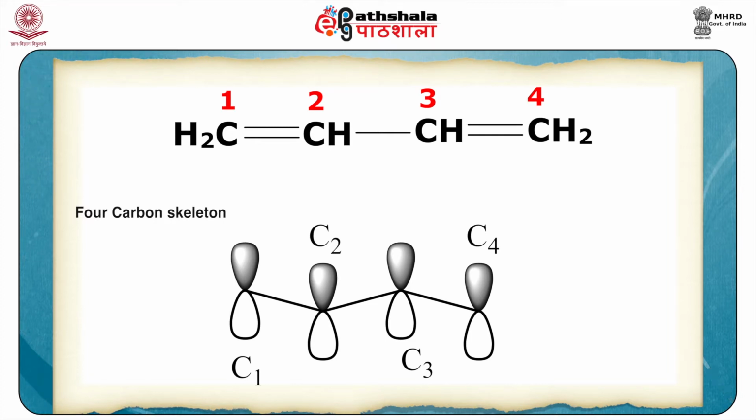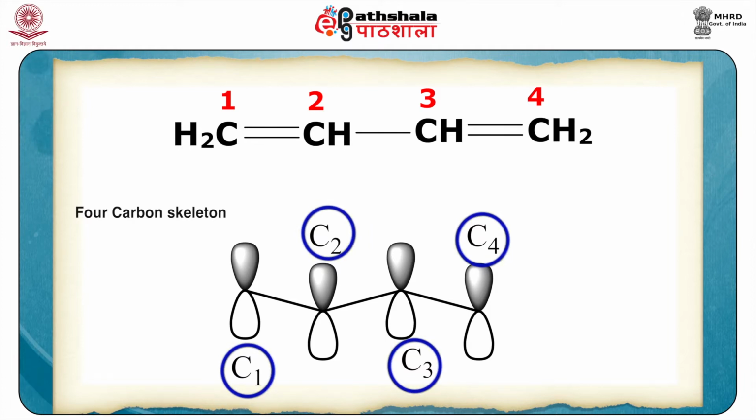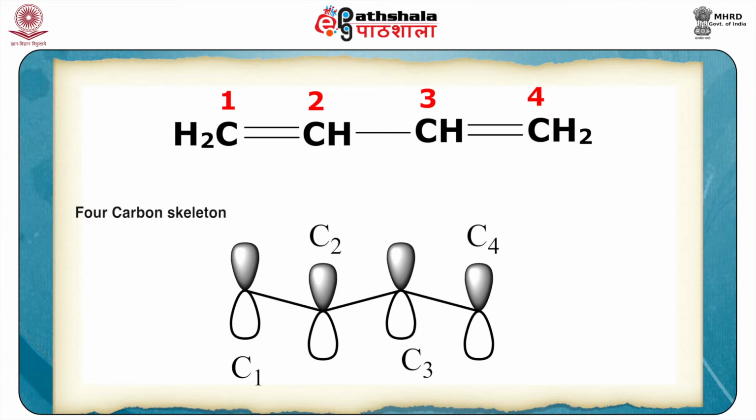We have 4 carbon atoms, 1, 2, 3, 4, and each carbon atom is contributing 1 pi electron. In accordance with HMO theory, this molecule will be considered as a 4 pi electron system. That's the basic of this molecule.